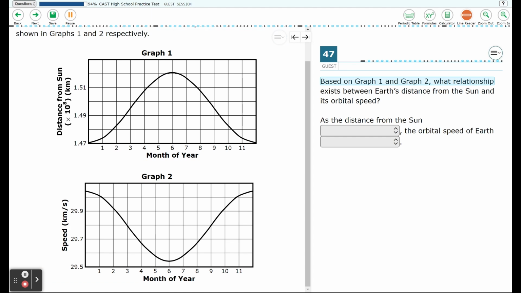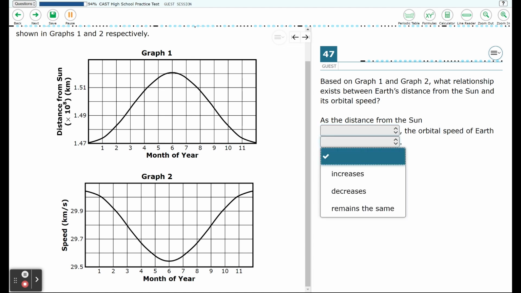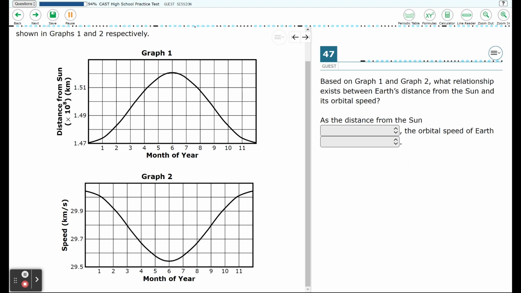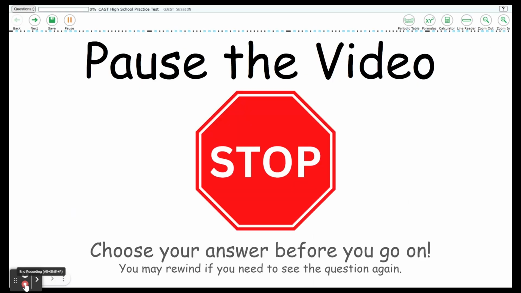Based on graph 1 and 2, what relationship exists between Earth's distance from the sun and its orbital speed? As the distance from the sun increases or decreases, the orbital speed of Earth increases, decreases, or remains the same. Go ahead and pause the video and select your answer now.